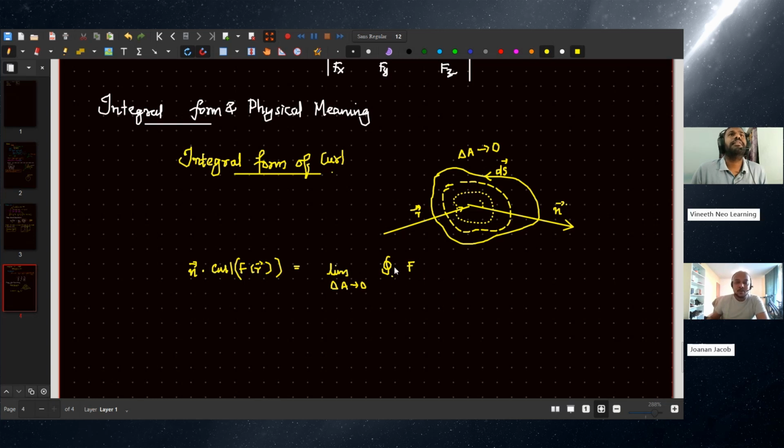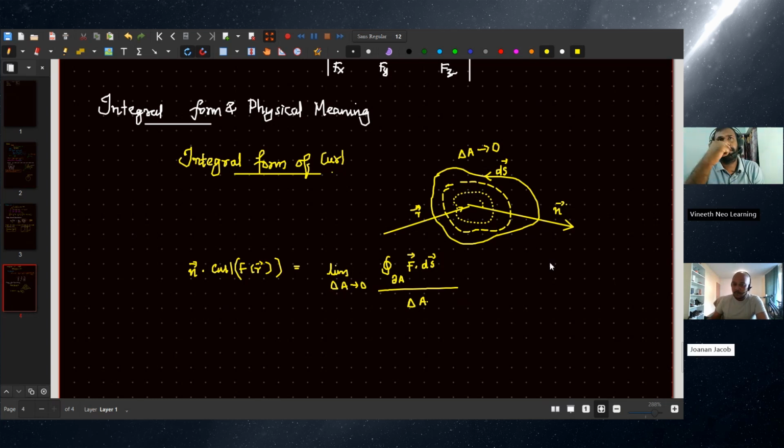Del a means the area enclosed by this particular loop ds. This is a standard notation. So the curl of the vector is a vector which shows us how much the field circulates.